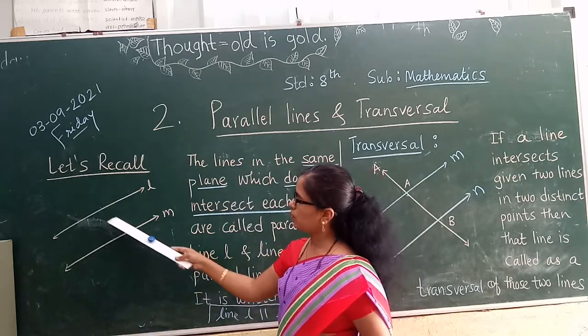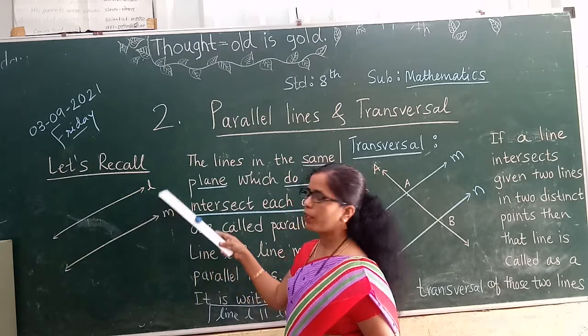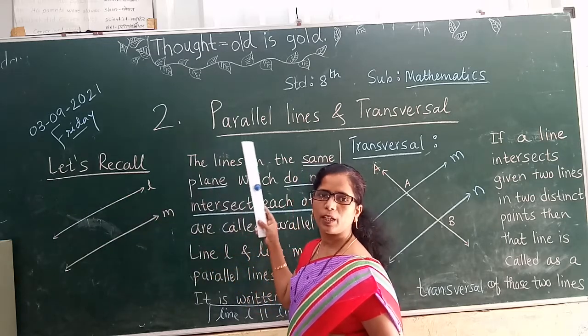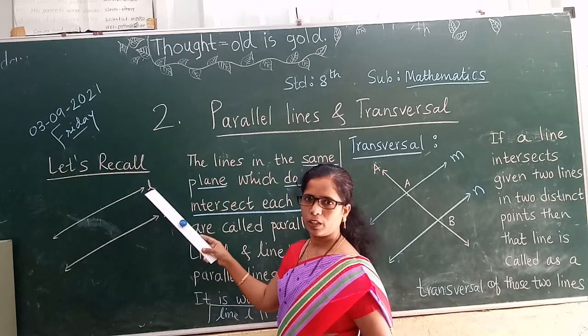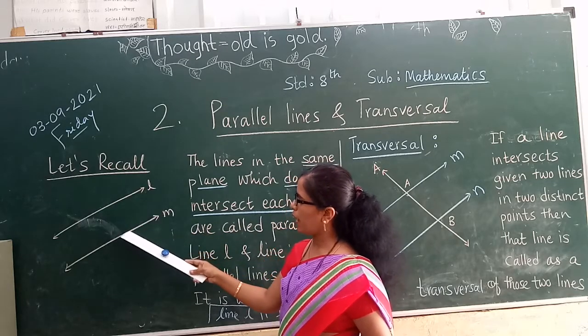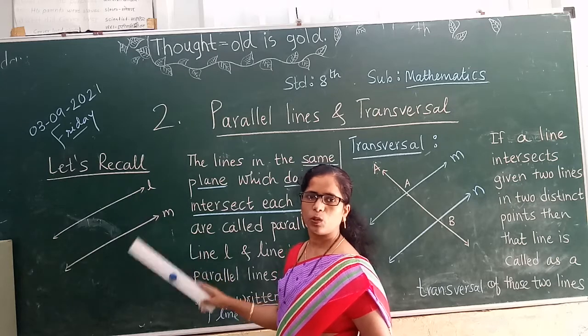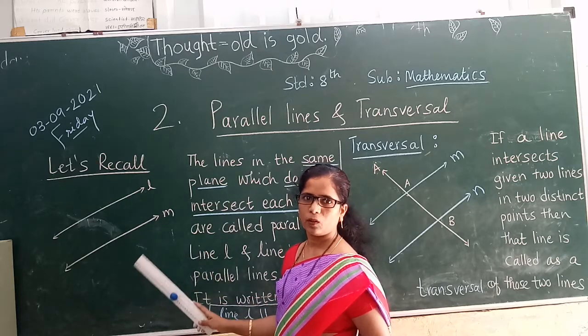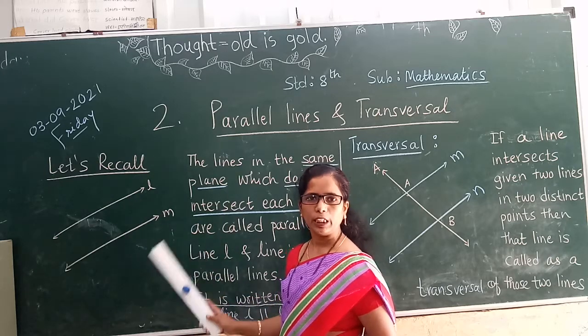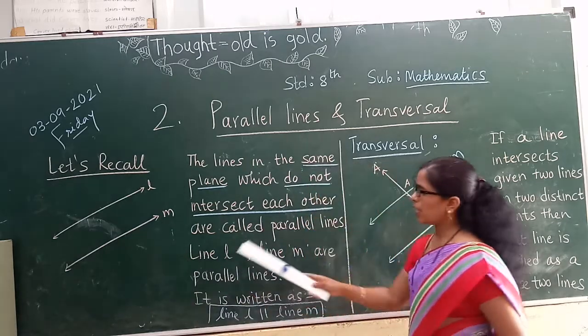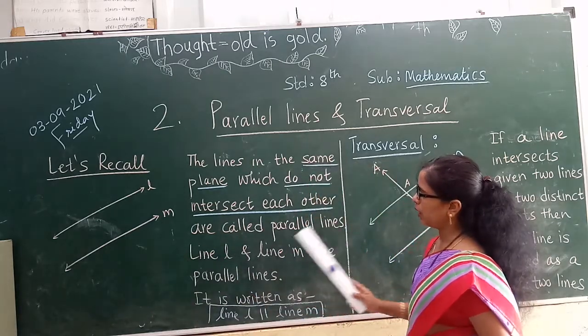Means the distance between them will never change at any point. It is going to remain the same, and they are not going to intersect each other. Such lines are called parallel lines.